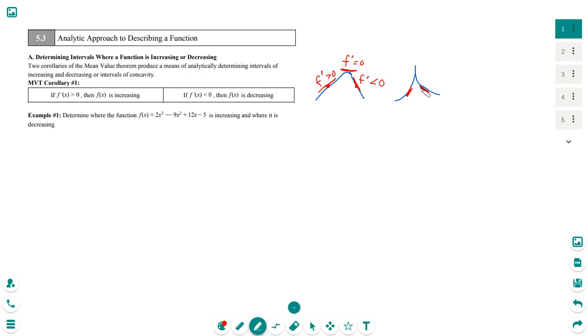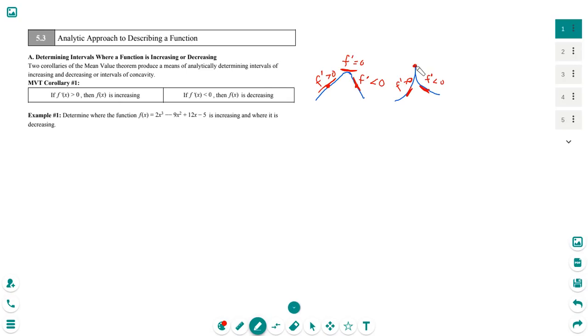And tangent slopes over here on the right side of the curve are negative, so f prime is less than 0. So I do see that change again, f prime greater than 0, f prime less than 0. So there is a change from increasing to decreasing using the derivative.